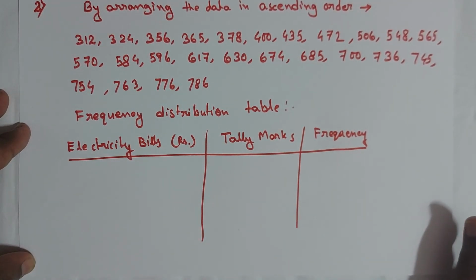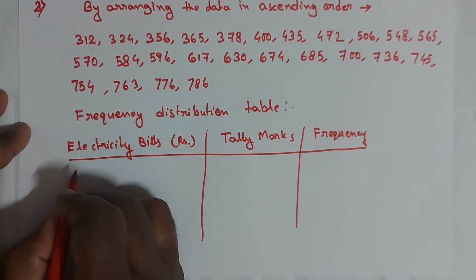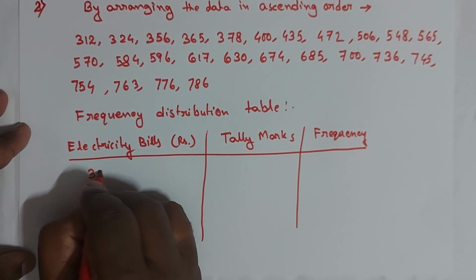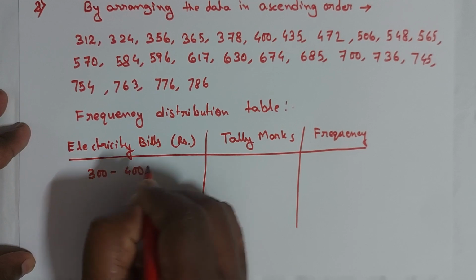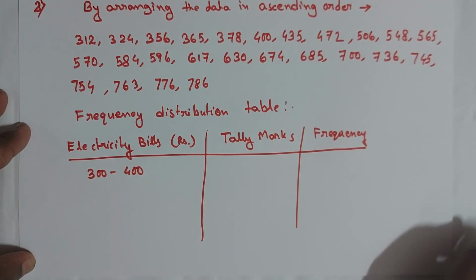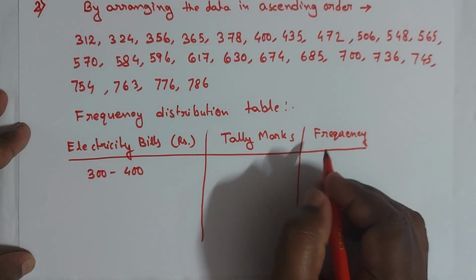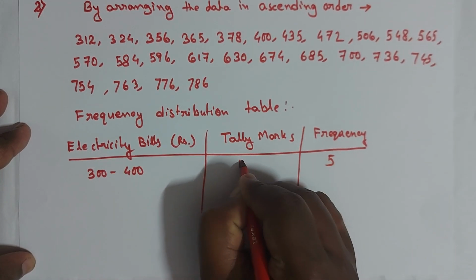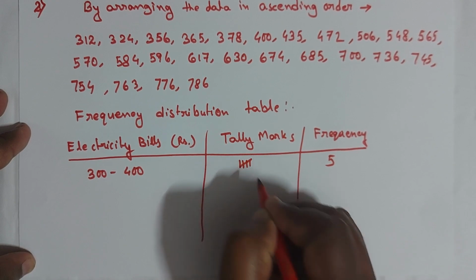In the question it is said that the class interval should start from 300 to 400. How many are there in 300 to 400? 5 are there. So the tally marks for the frequency will be like this.